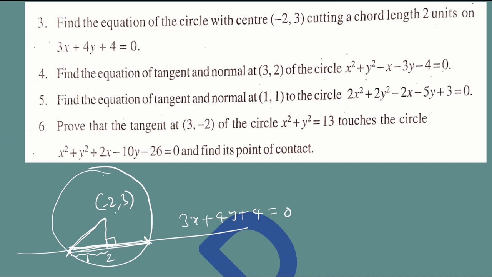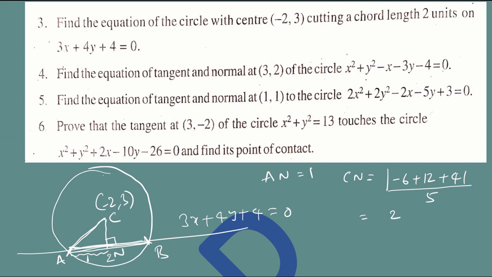Now if I call the center as C, this as A, this as B, this as N, I have AN is equal to 1 and I am finding CN. CN is nothing but distance from center to the line. Applying the formula, mod of minus 6 plus 12 plus 4 by root of a square plus b square. So what am I getting? I am getting 2 as CN.